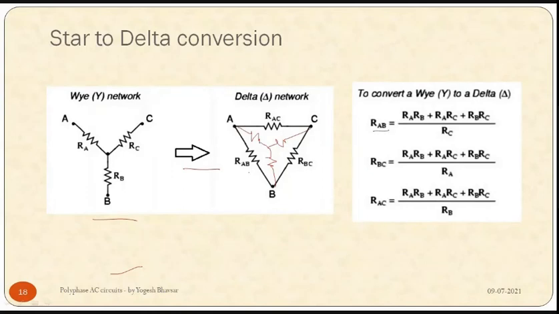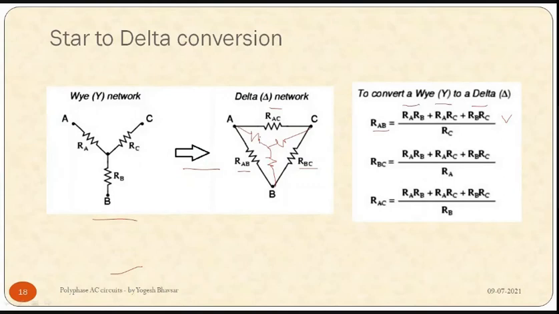We need to calculate RAB, RBC and RAC. How to calculate RAB? Now look at the numerator. Here the numerator is constant. What is the numerator? Multiplication of RA, RB, RA, RC, RB, RC. Multiplication of all the elements.